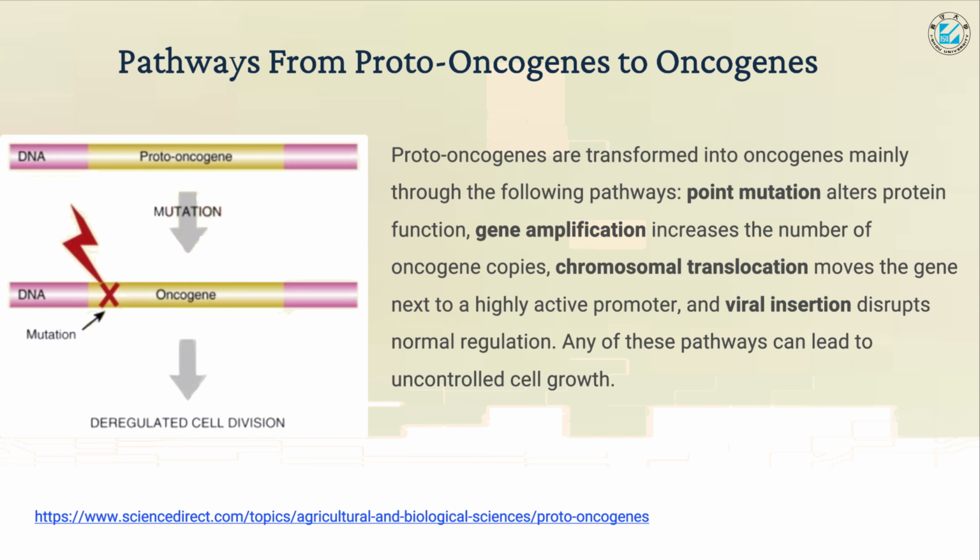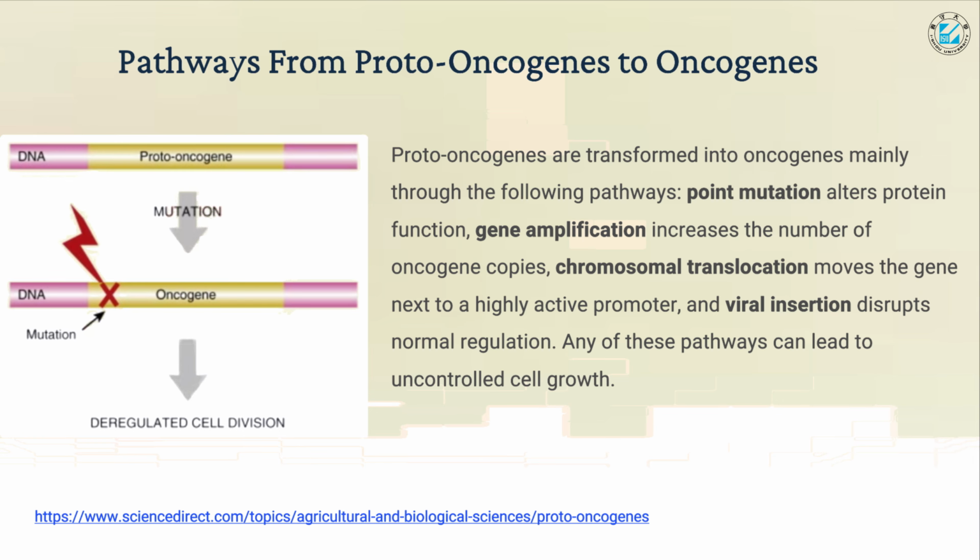Fourth, viral insertion may disrupt normal gene regulation. Viral DNA inserted into the host genome can activate oncogenes or interfere with tumor suppressor genes. All these mechanisms can convert a normally regulated gene into a cancer-promoting oncogene.